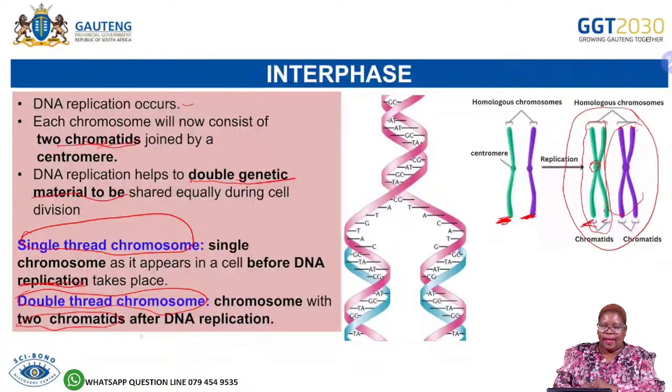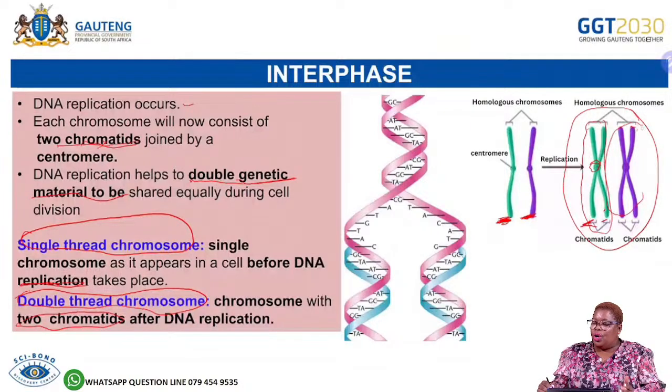How do you differentiate between the two? A single thread chromosome is the one that you get just before replication takes place, and a double thread chromosome you get after DNA replication has taken place. And with a double thread chromosome, think of chromatids joined together by a centromere to form a chromosome, right?